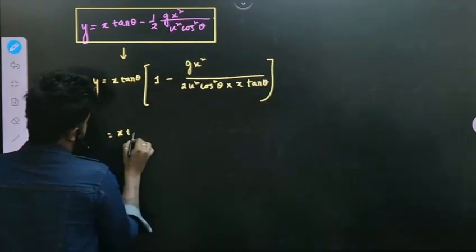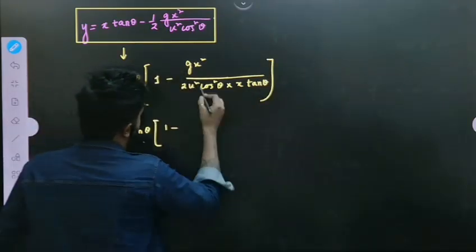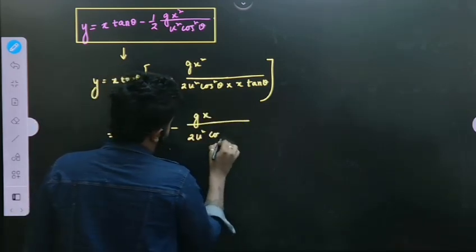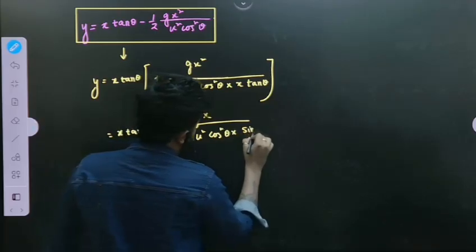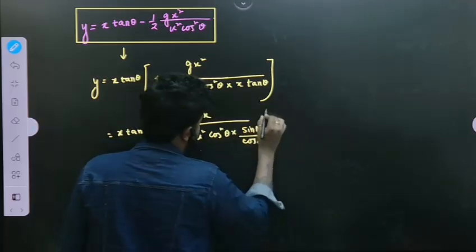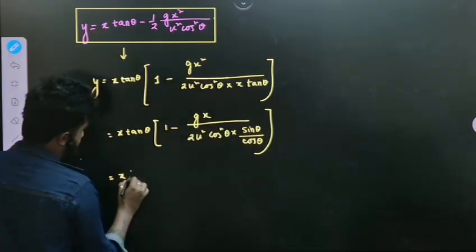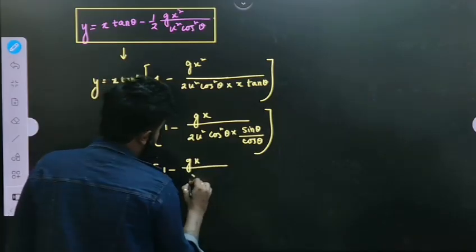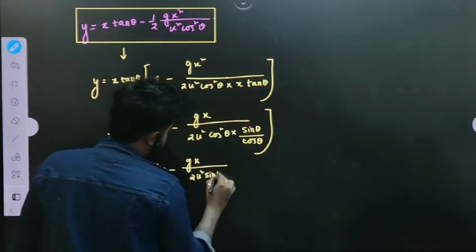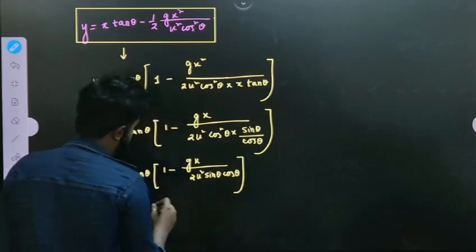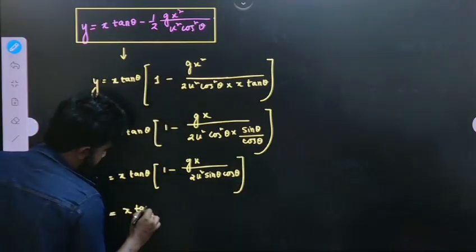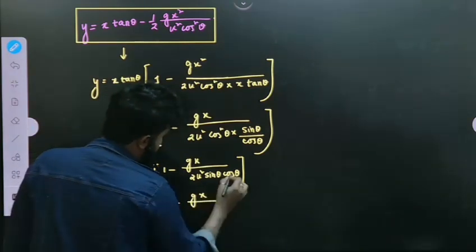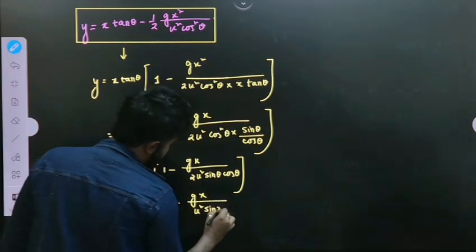What will you get? X tan theta into 1 minus, look, one x cancels, gx by 2 u square cos square theta. Tan theta means what, guys? Sin theta by cos theta. One cos theta will be cancelled. It will be x tan theta into 1 minus gx by 2 u square sin theta cos theta, right? Can I write 2 sin theta cos theta as sin 2 theta?